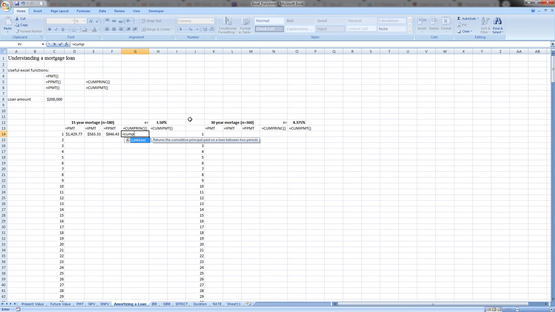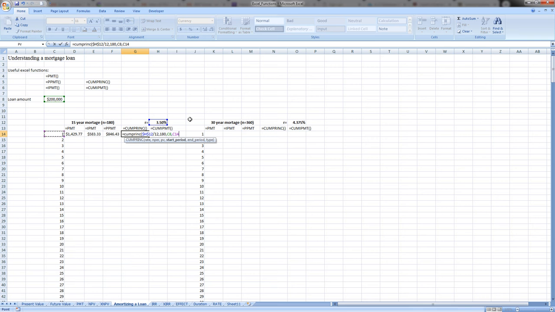We'll next use the cumulative principal. Reference the rate. Number of periods is 180. The present value. In this scenario, we don't actually enter it as a negative. If we enter it as a negative, the cumulative principal function just doesn't work, so we have to enter the positive amount.